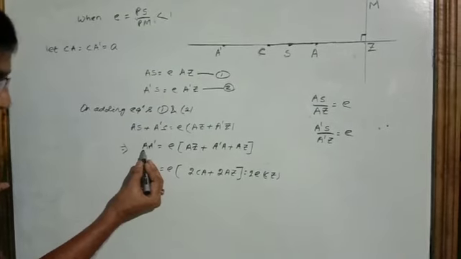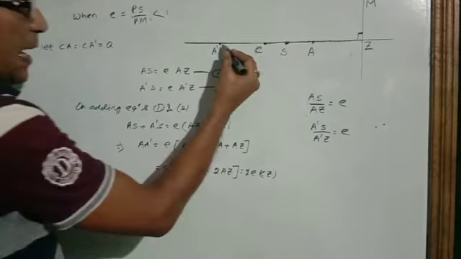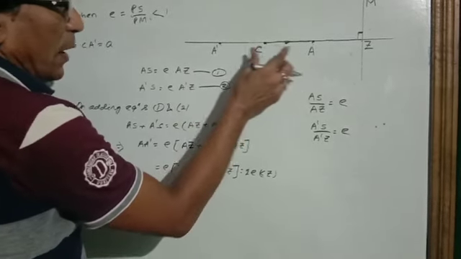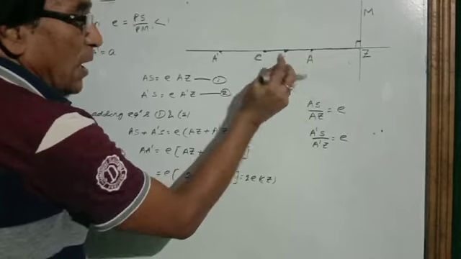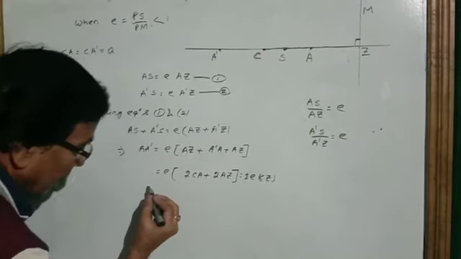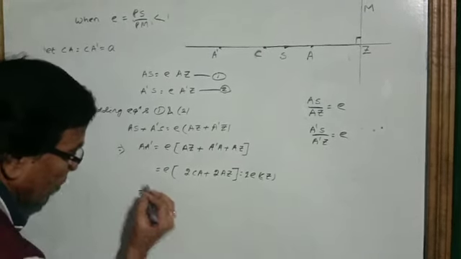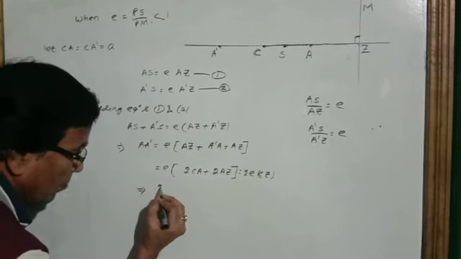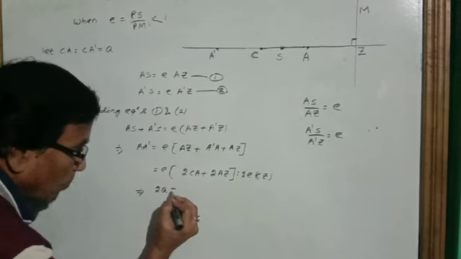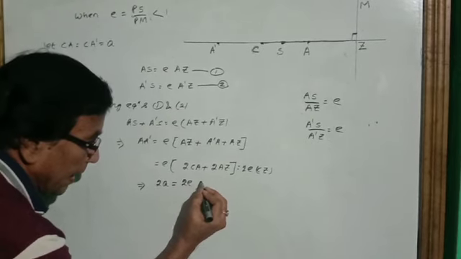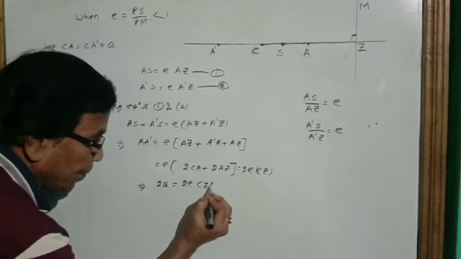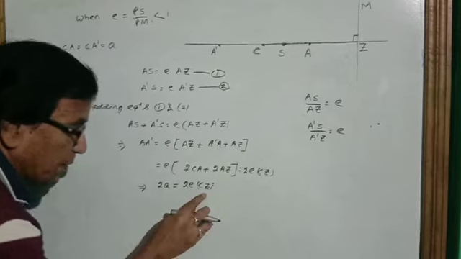So we are getting that A A dash is equal to twice of CA because C is the midpoint of A dash A. So twice of a is equal to A A dash, it is equal to twice of a. So twice of a is equal to 2e into CZ. So what is the value of CZ?